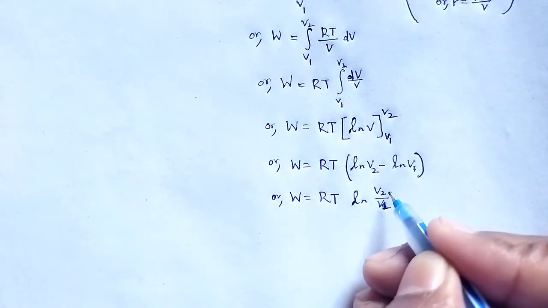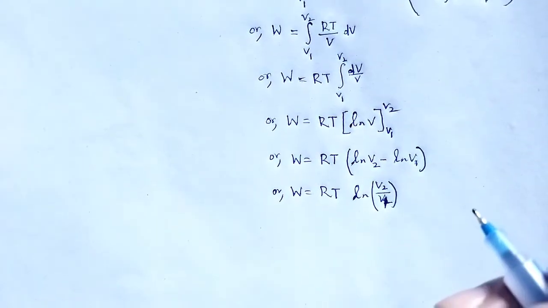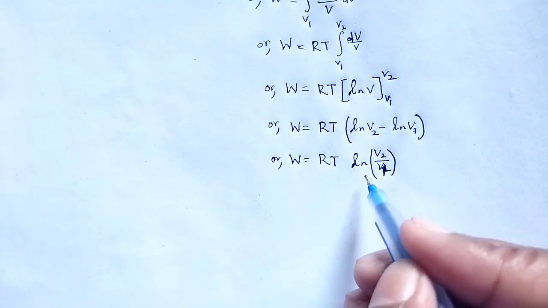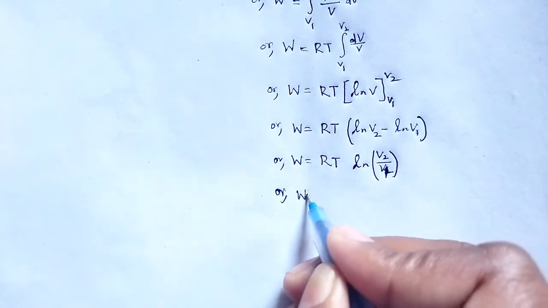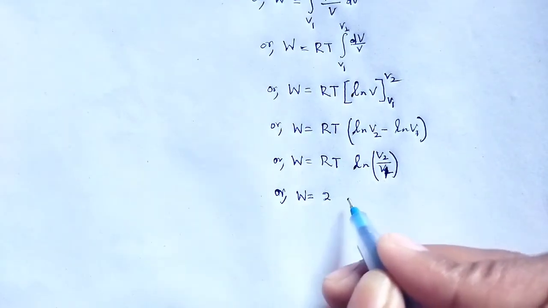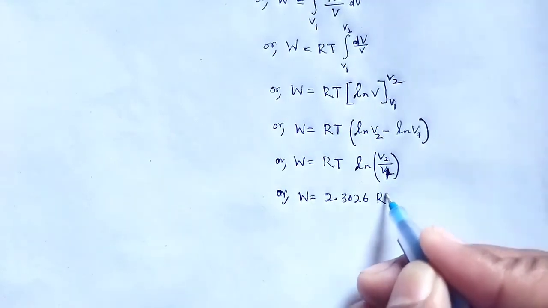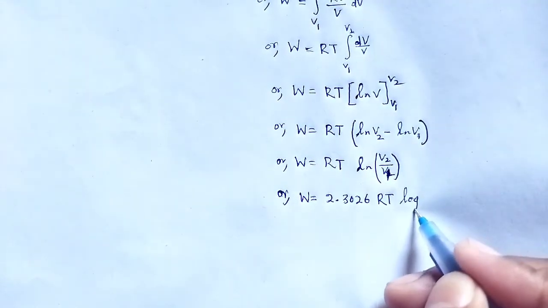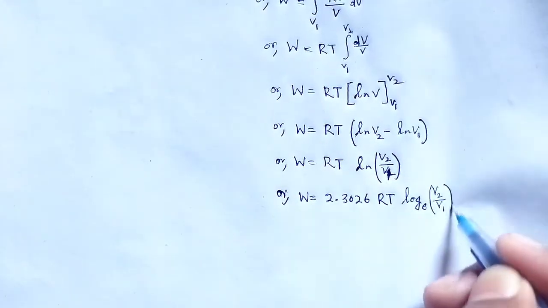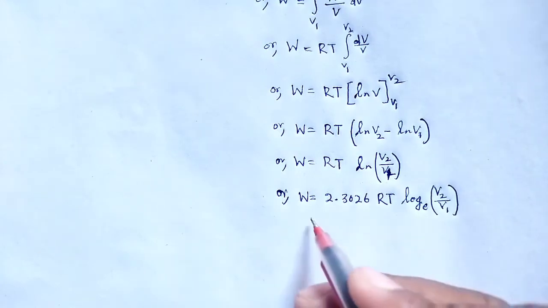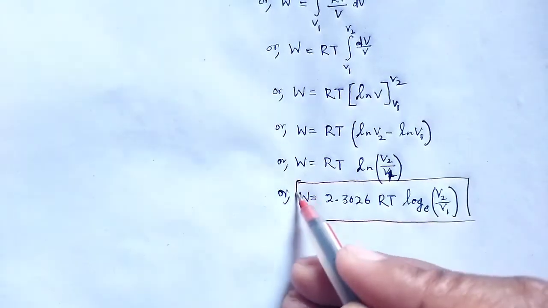And when I change that ln to log, it will be 2.3026 RT log of base e V2 by V1. That is the expression for work done in case of an isothermal process.